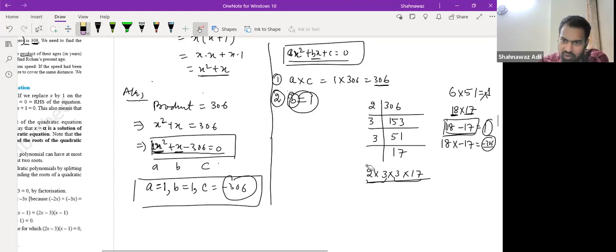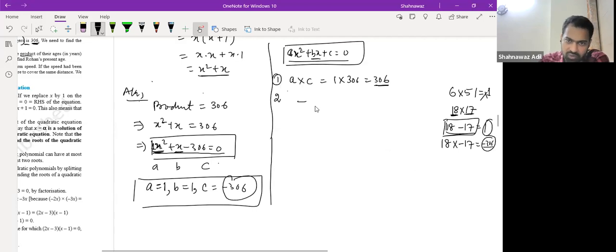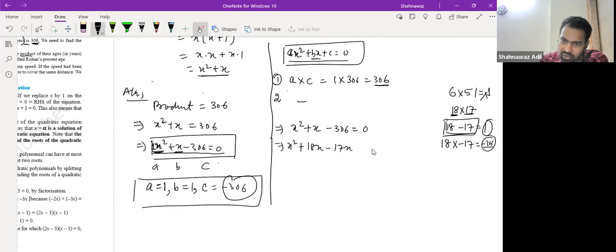Okay, so now let us solve this. We know the combination, we know the factors, so we can split the middle term like this. x square plus 18x minus 17x minus 306 equals 0.